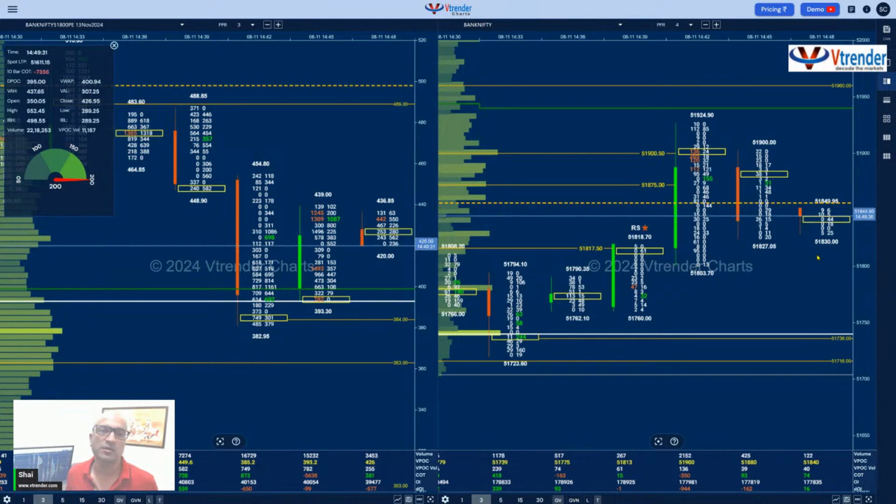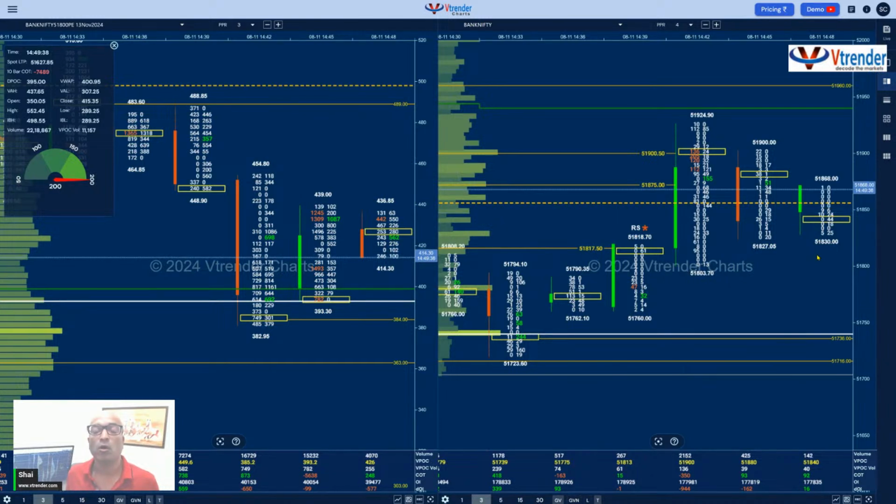So what we believe is the market is a function of three things: price, volume, and time. And when all three of them come together, we have an opportunity to trade with the right information in the market, right?